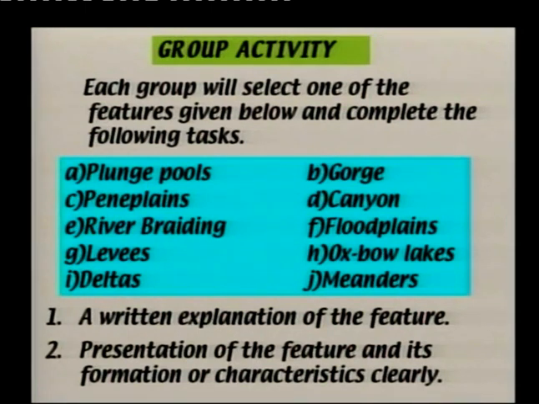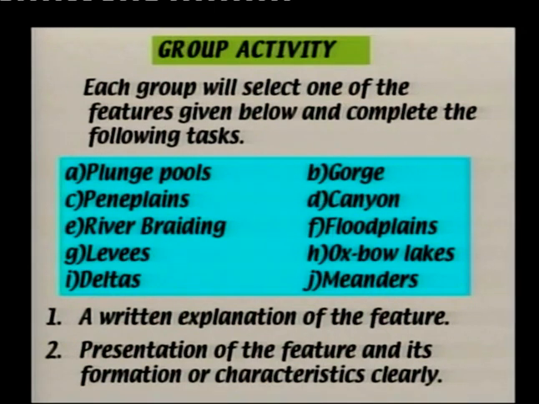Okay, in your groups, this is what you are going to do. You will see that there are 10 words for which we have not looked at the explanation of how those features are formed. So in your groups, you will select only one of the features. You are going to select in such a way that not 2 groups are doing the same feature. Every group will have a different feature.